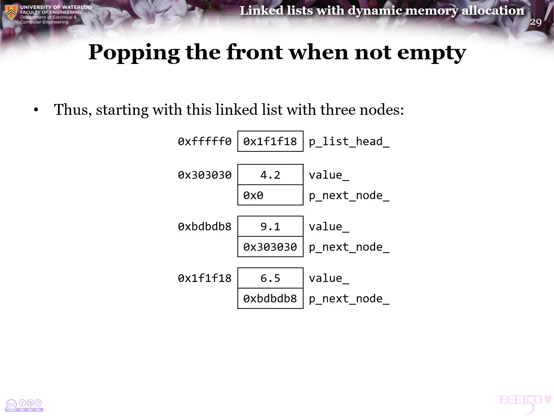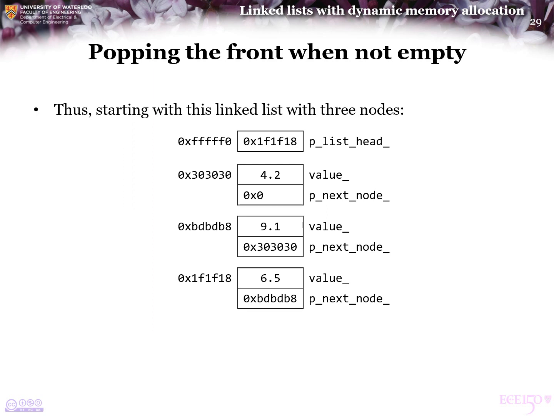Thus, we are going to start off with this linked list with 3 nodes. The linked list itself has a member variable pointer to list head that stores the value 1F1F18. At that address, we have the first node, which is right now at the bottom.